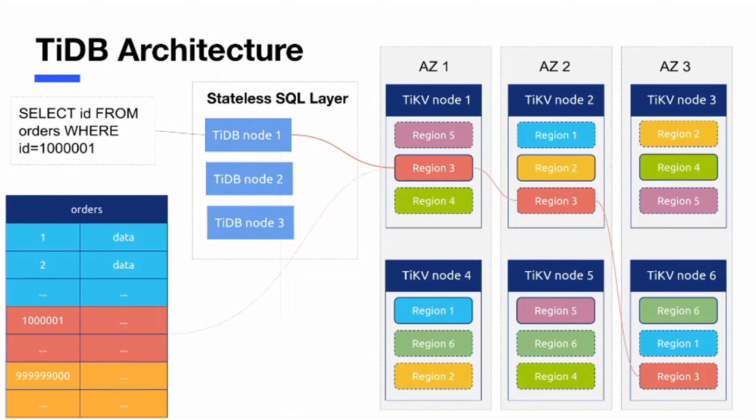So that's where it will fetch this data from. Of course, then this data is not only stored in one machine, but it's also stored in the two other availability zones on node 2 and node 6. So there are 3 copies of the data. One is the primary copy, and that's what the TiDB node is using to run this query.